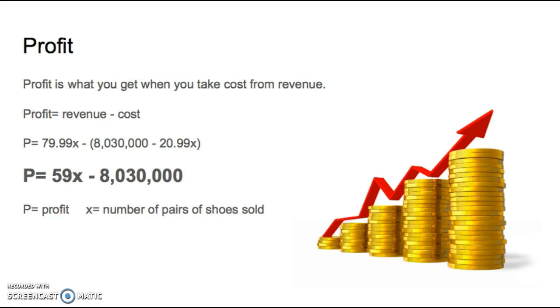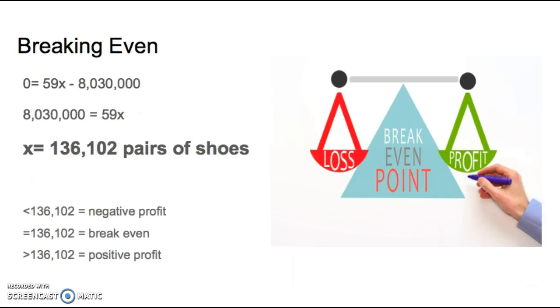And then we were asked to dive in a little deeper. We were asked to find out how many pairs of shoes it would require to break even. In order to find this out, we must set our profit equation equal to 0. So we have 0 equals 59x minus 8,030,000. First, we must add 8,030,000 to each side.